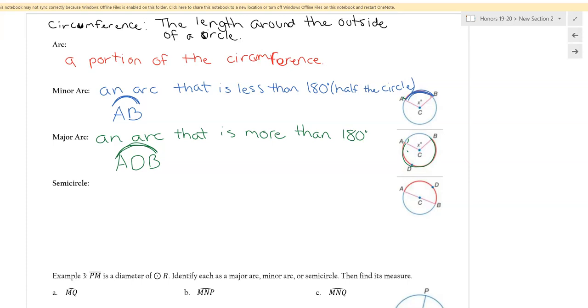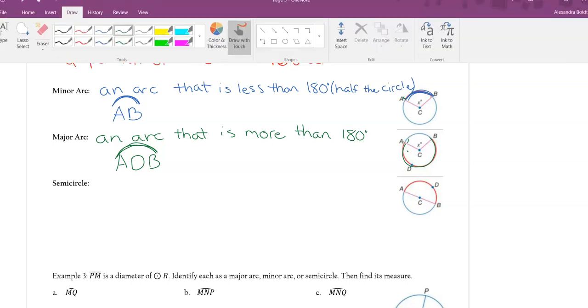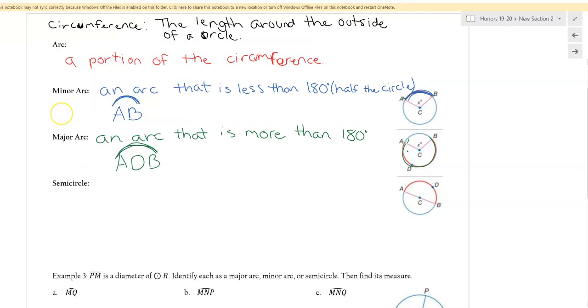Arc ADB. A semicircle is an arc that is exactly 180 degrees. So here, same thing. I'm going to name it the same way.